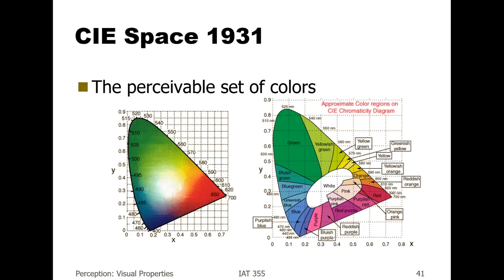So this is pure spectral blue at wavelength 480 right here. There's no other color, no other colored light that is present when an observer is looking at light like this. So around here are the spectrally pure colors, and in the middle are blends of various colors, various colored light to be able to be perceived by a viewer.